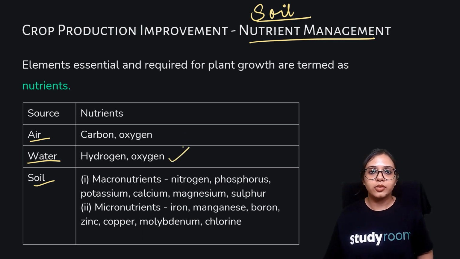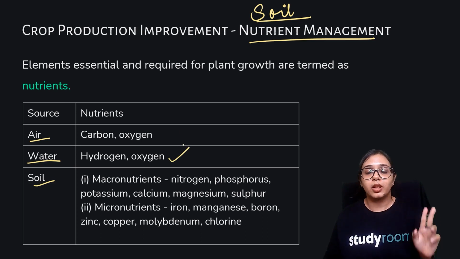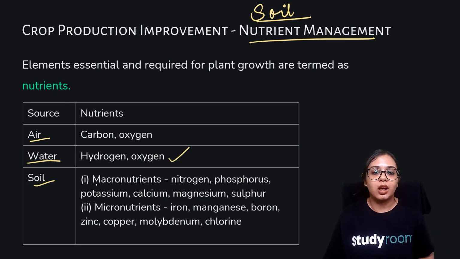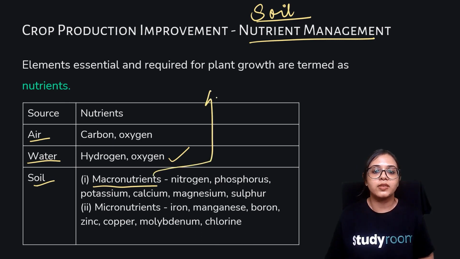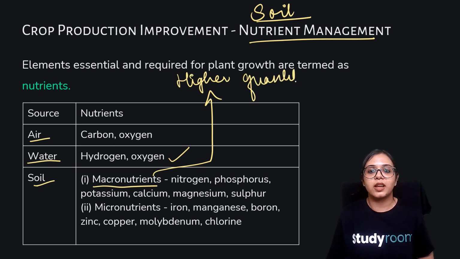And in the soil, there are two types of nutrients. There are macronutrients, those nutrients that are required by the plants in high quantity, and then there are those nutrients that are required by the plant in small quantities, and these are the micronutrients.